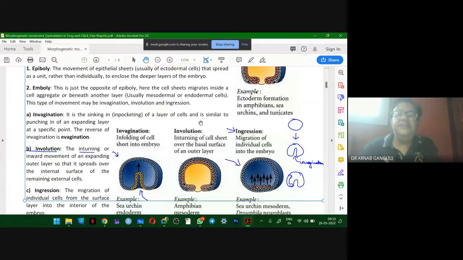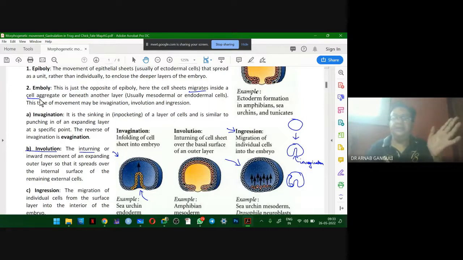Here the sheet of cells migrates inside a cell, meaning this is happening inside and that is happening outside. So there are different ways: invagination, involution, ingression. These are the morphogenetic movements which take place.